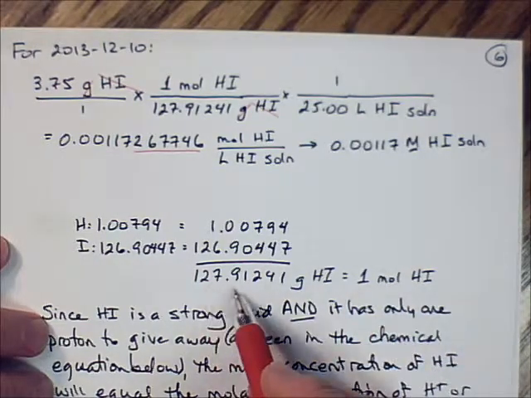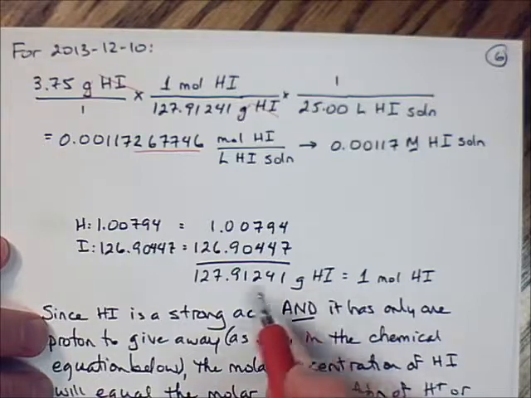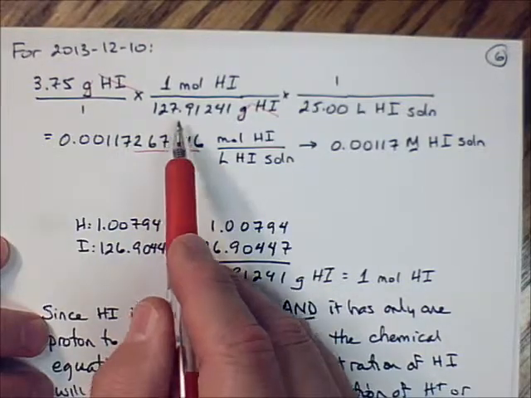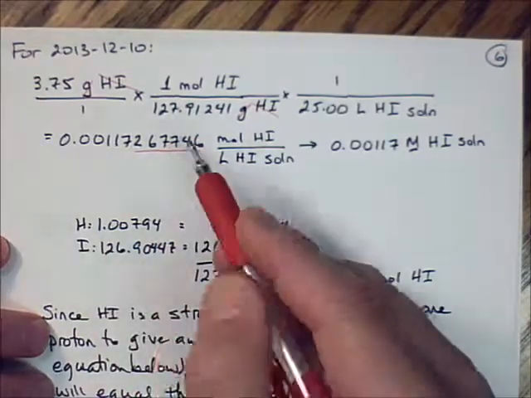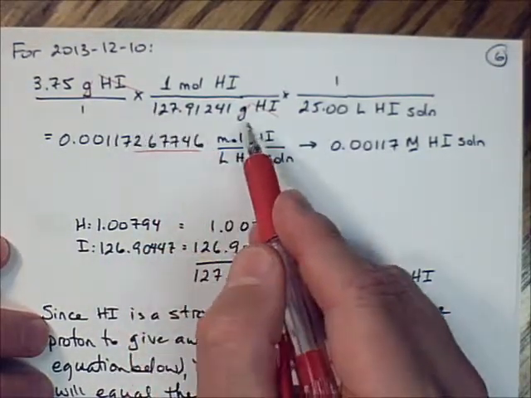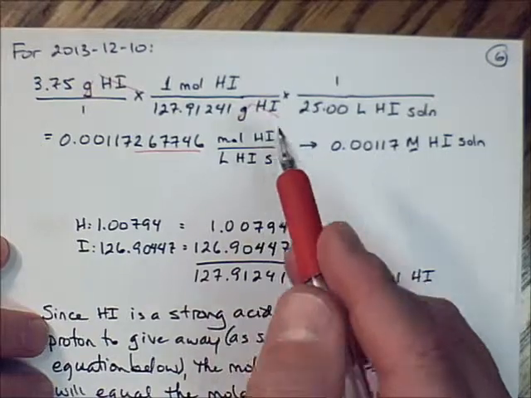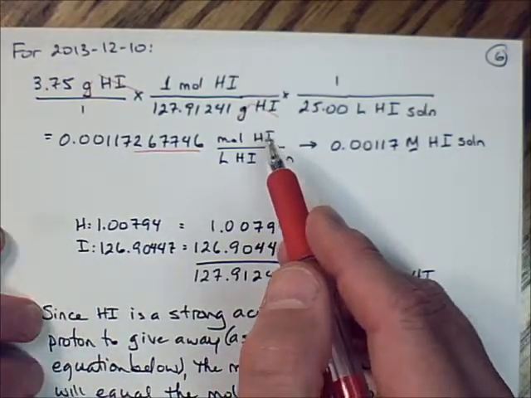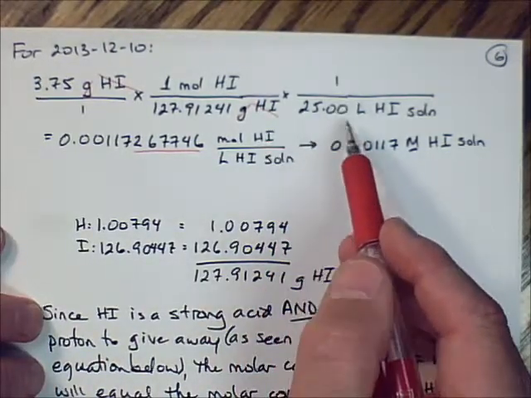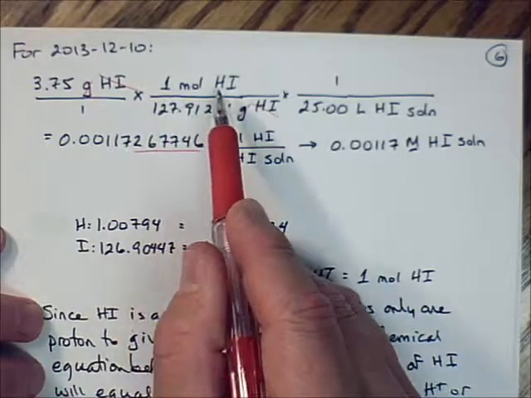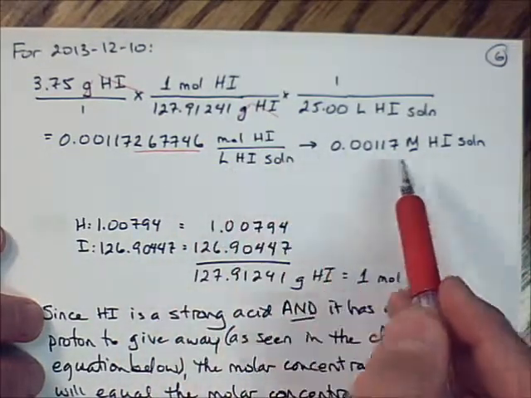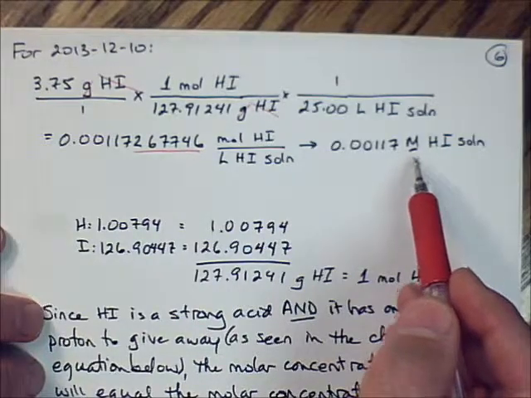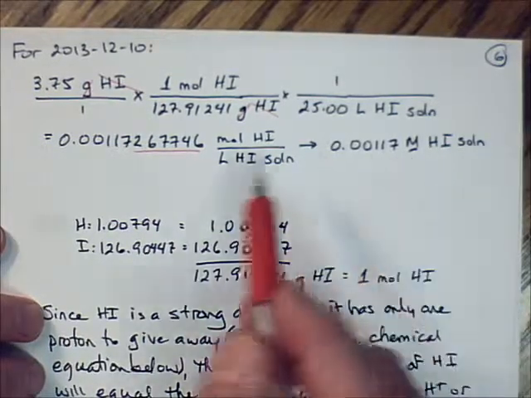We can take this value, grams of HI, and put it on the bottom of a fraction, and this value, the 1 mole, and put it on the top. Cancel units and species like you do x's and y's in algebra. Divide by the volume. That will give us the moles of HI over the liters of solution, which is molarity, or the molar concentration.